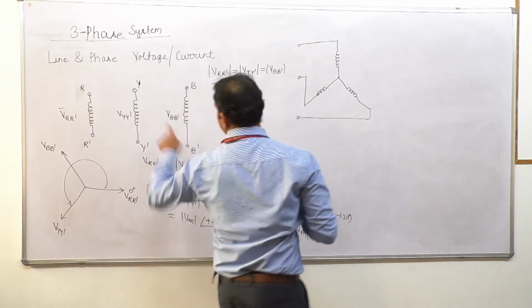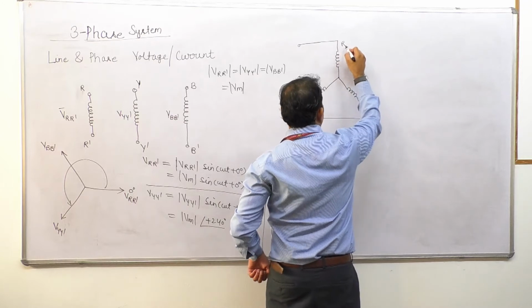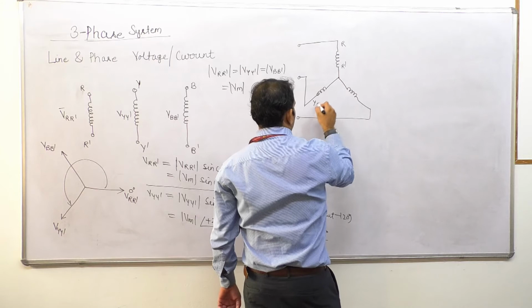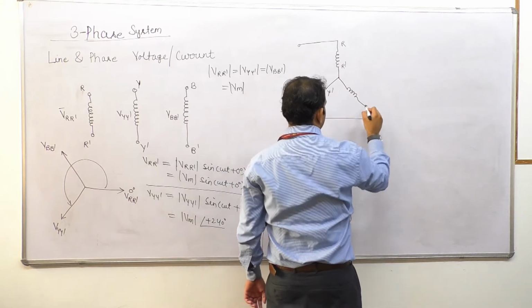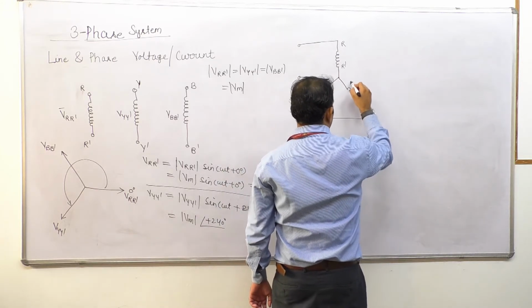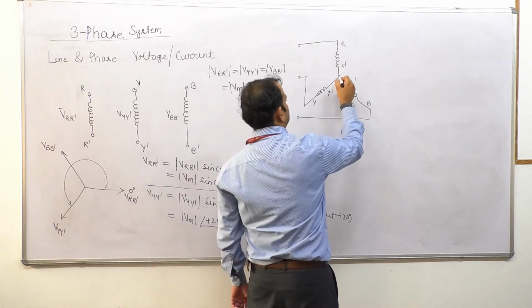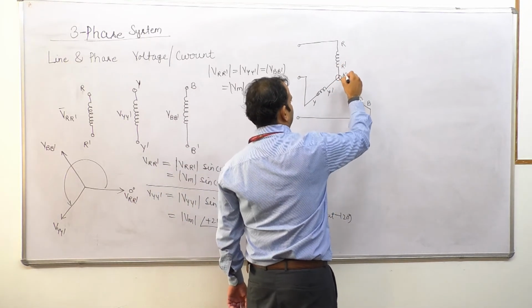Here, this is R dash, Y dash, this is B dash, and this is the neutral point.